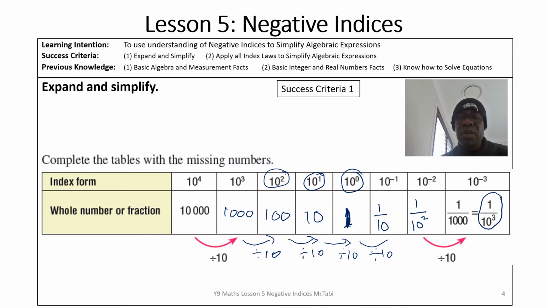So you have from 1, you have 10, 100, 1,000, 10,000 to the left, and to the right, you have from 1, you have 1/10, 1/100, 1/1000, 1/10,000, and so on. It will continue the same pattern.